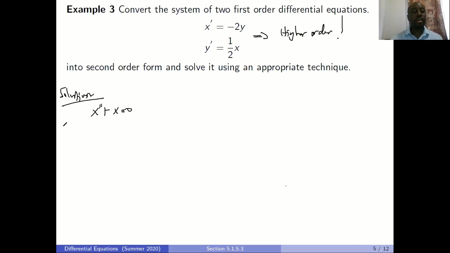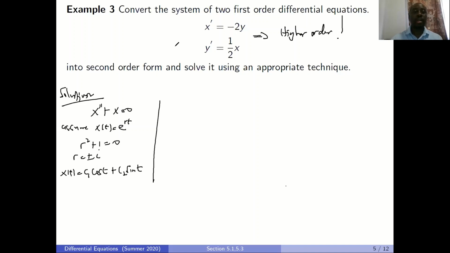So we can go ahead and assume that my x, let's say it's a function of t, is e to the rt. Right. In that case, our characteristic equation becomes r squared plus 1 equals 0. And so we have r is plus or minus i, which tells me that my x of t will be c1 cosine of t plus c2 sine of t.